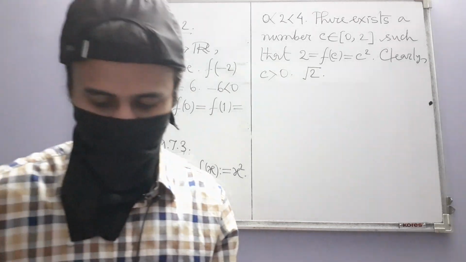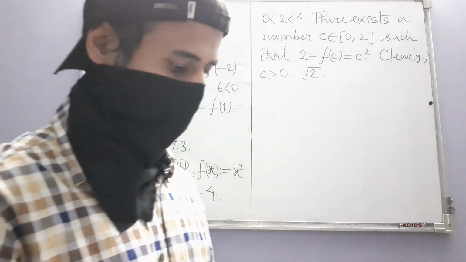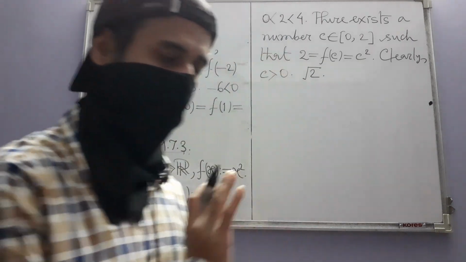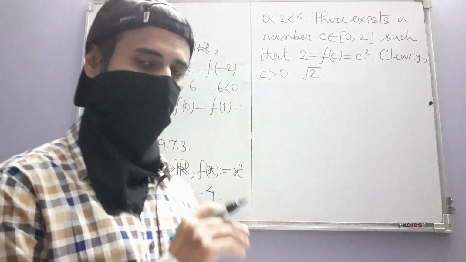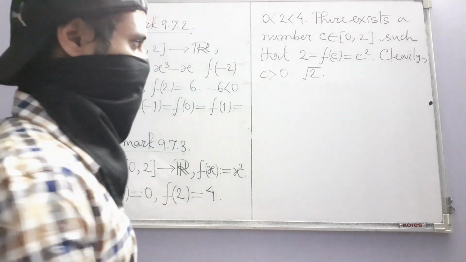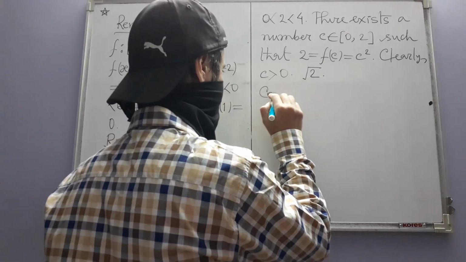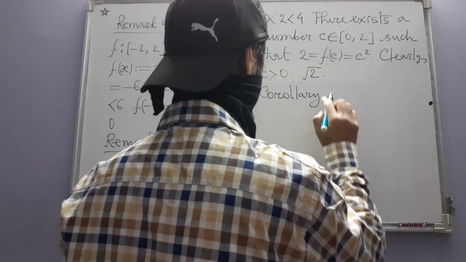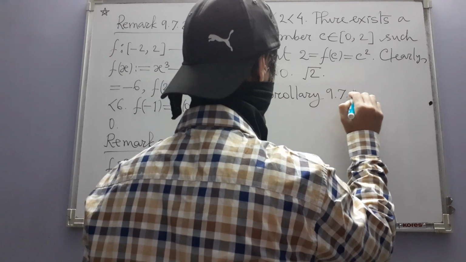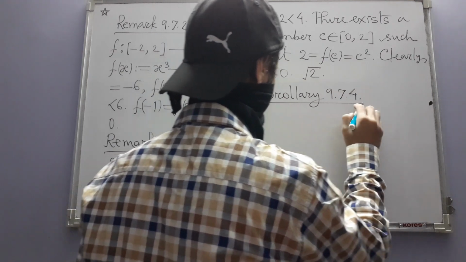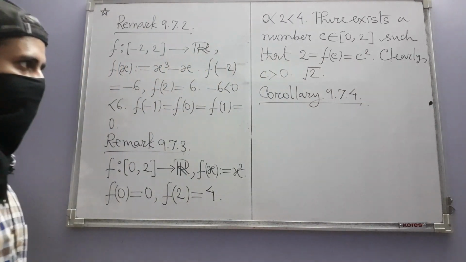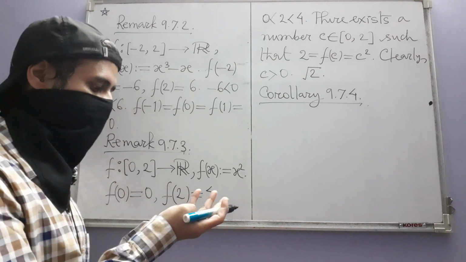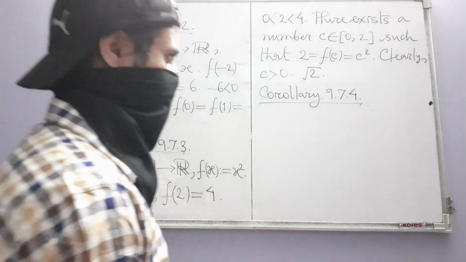And finally, we come to the corollary, which is again about intermediate values, but now maximum and minimum values will be involved. So it will be item 974. The start of the corollary is just like how we started the maximum principle and the intermediate value theorem today.